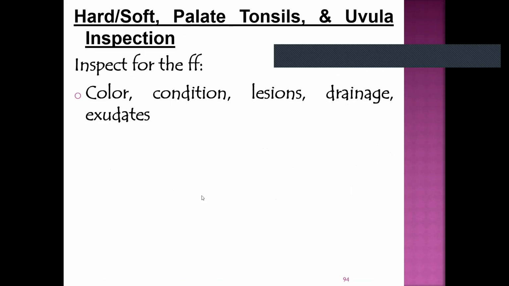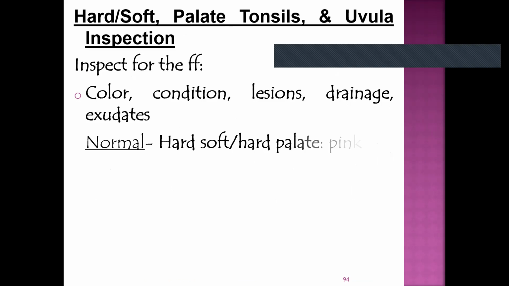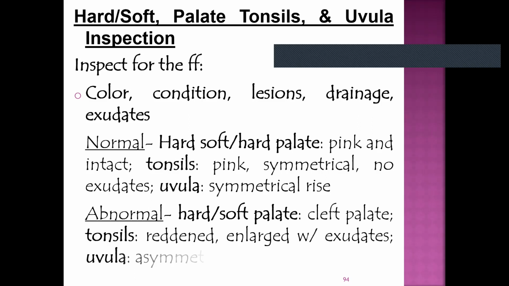Next, the hard or soft palates, tonsils, and uvula inspection. You have to check again for the color, the condition, lesions, drainage, and if there are exudates. Normal findings are pink, symmetrical, with a symmetrical rise of the uvula. Where is the uvula?